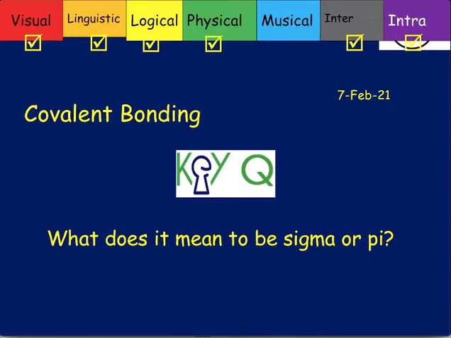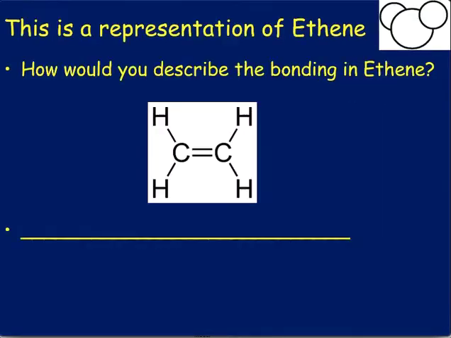So we left it the last day at dot and cross. We're roughly at page 145, and you have this representation of ethene, the bonding in ethene. So how would we now describe the bonding in there? What are the ways we can describe this double bond? I've just given it away, haven't I? Because we have this C=C in here, it is a double bond.